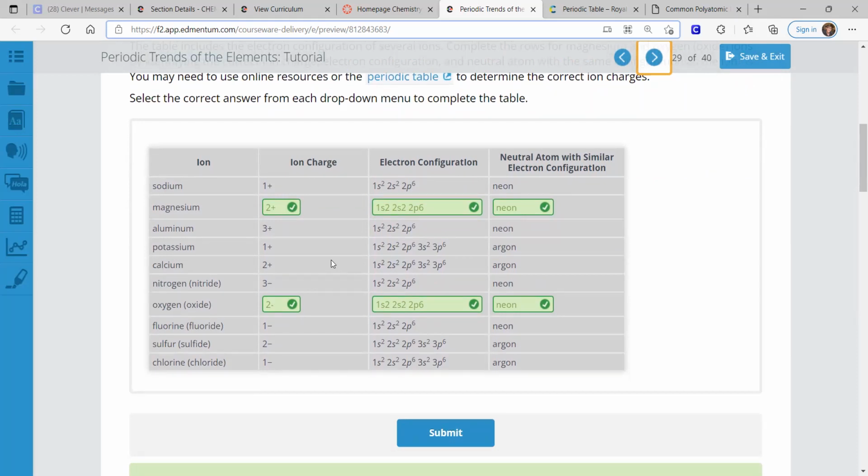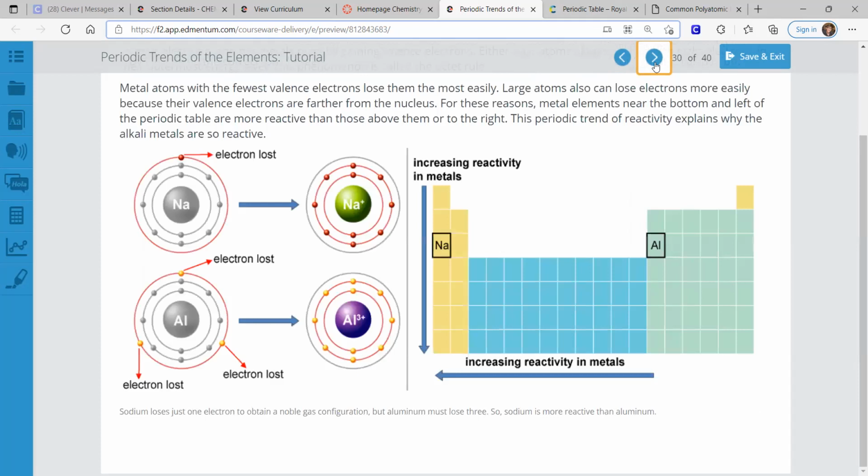Oxygen and these non-metals would like to gain 1 or 2 electrons and become stable. Here's the increasing reactivity in metals. It's the same trend to the left and downward.